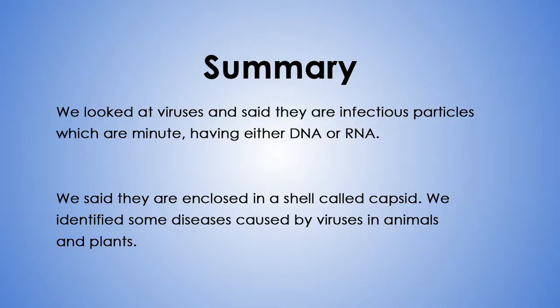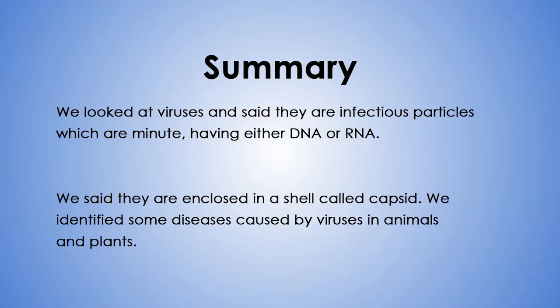All too soon, we've come to the end of this lesson. This lesson was purely on viruses and cells. We looked at viruses and said they are infectious particles that are minute, having either DNA or RNA. We said they are enclosed in a shell called capsid, which is a protein structure.